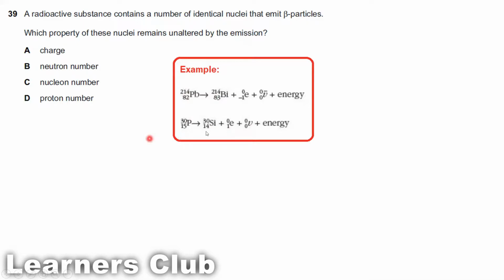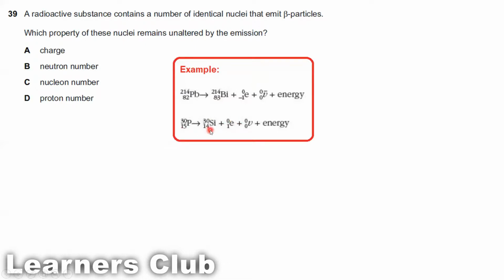This side is 15; here 14 plus 1, that is 15; here 30 plus 0, that is 30. You can see the proton number changes. When there is a negative beta emission, the proton number increases by 1. But when there is a positron, or positive beta particle emission, the proton number decreases by 1.